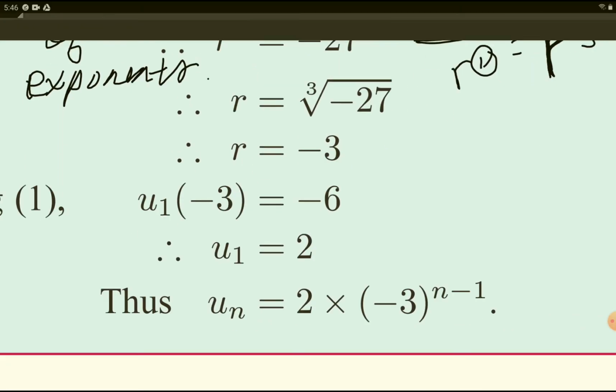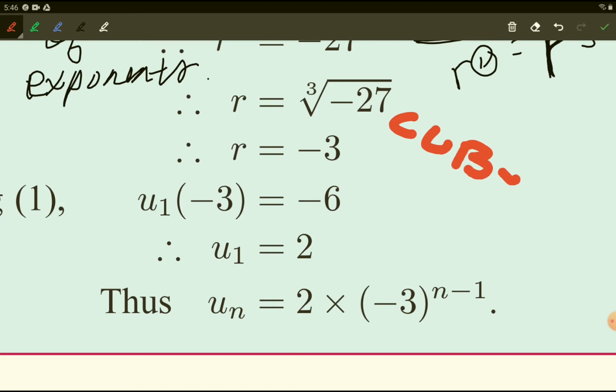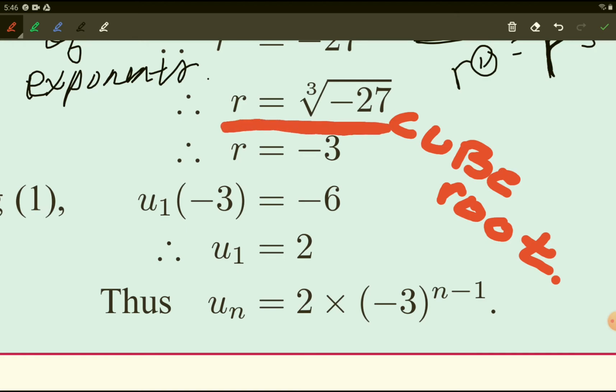They took the cube root here, and they said, okay, well, what times what times what gives me negative 27? The answer is negative 3. So the common ratio is negative 3.